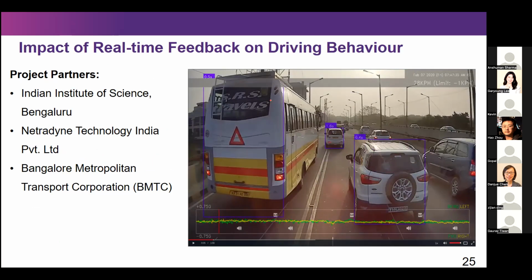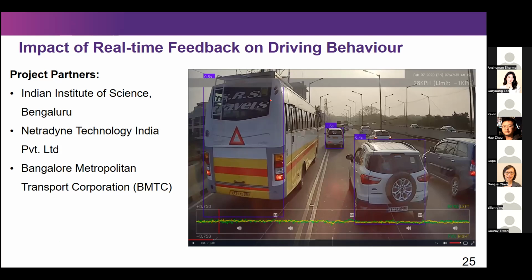This is a project which is a partnership between IISc and a startup called Retradine, and the government agency here, BMTC. It is an on-road experiment where we have fitted devices on buses.